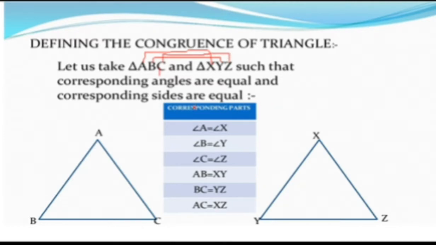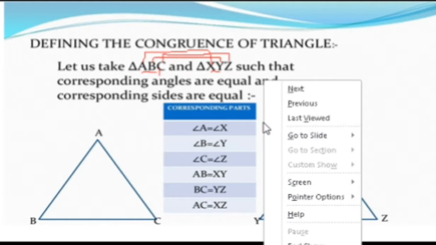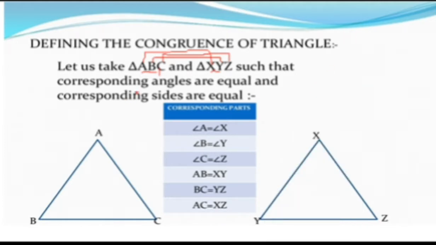Similarly we will do corresponding sides: AB will be equal to XY. Clear? BC will be equal to YZ, and AC will be equal to XZ.